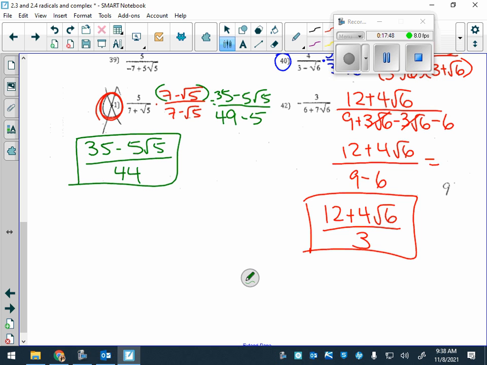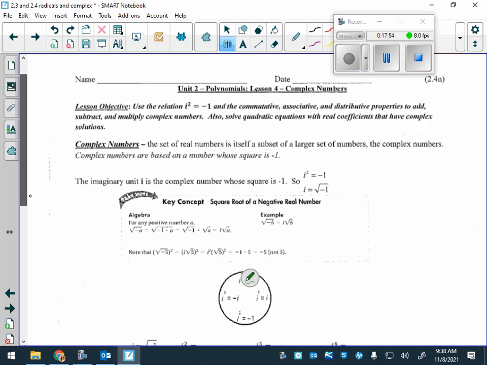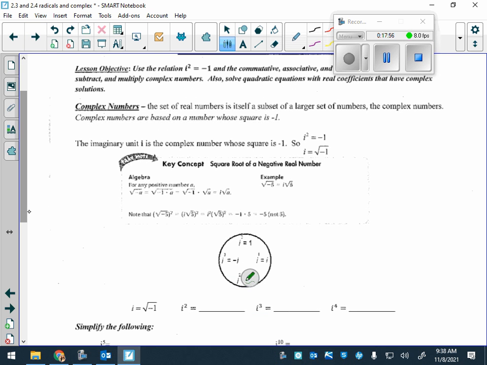So if you switch the page to here, this is where we start to identify our imaginary unit, which is i. You're going to hear me say over and over and over again, if you see a negative inside a square root, the i comes out.